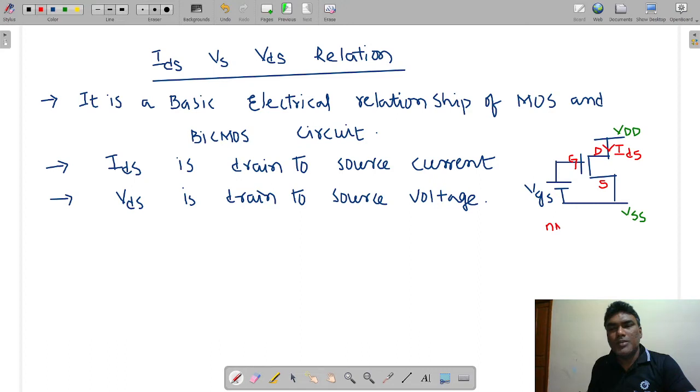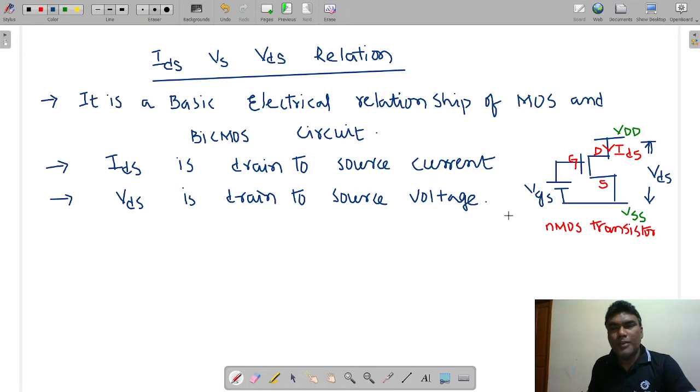This is the NMOS transistor symbol. And we can take the output voltage, which is called VDS.